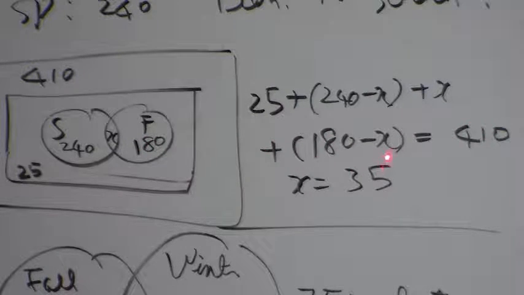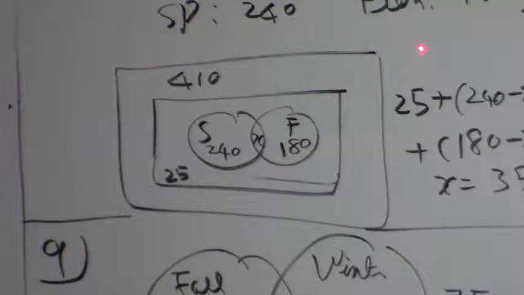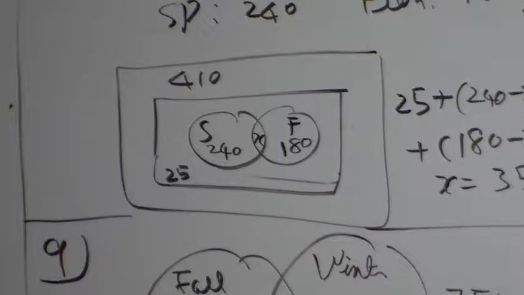So we can add in this one, and once you solve this, x is 35. So 35 students are doing both. So we use this kind of Venn diagram. It's much easier.